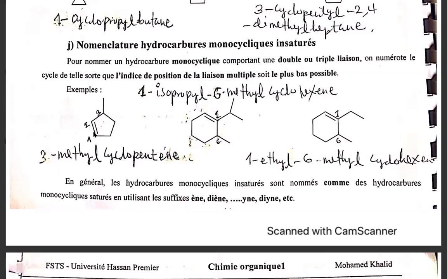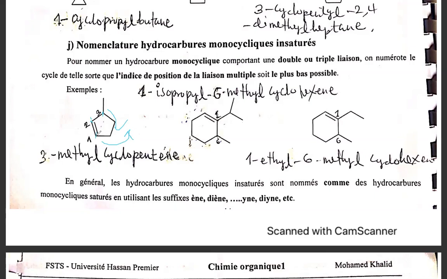And the idea is we are always supposed to give these substituents the lowest number possible. So we can either count from here, or we can start from here and go like that. There is a trick here that we are supposed to take note of.